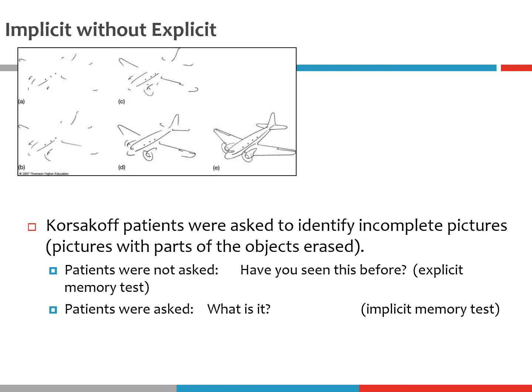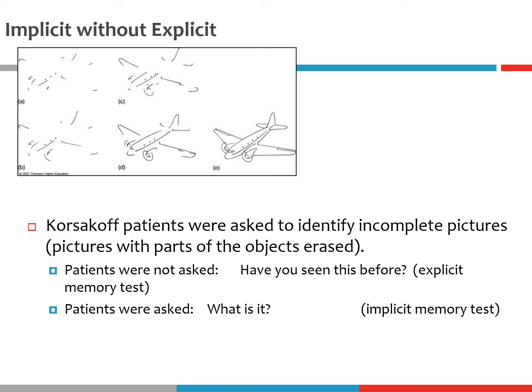They were also asked simply to identify what the object is. This is an implicit memory test because you don't necessarily have to recall the previous times you have viewed these pictures to be able to identify the object. The idea is that with intact implicit memory, even though you don't remember looking at these pictures, your performance should improve because you've looked at them before.